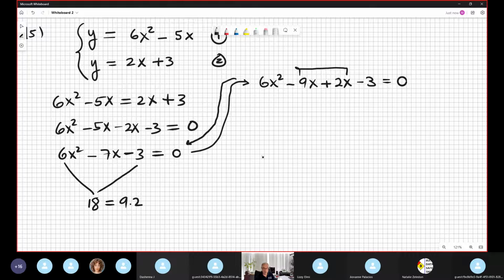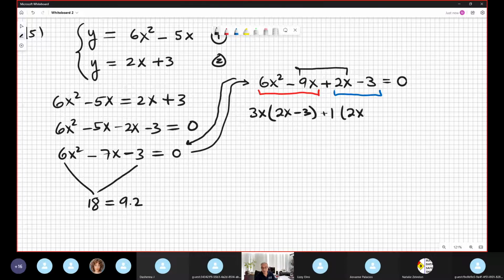But I don't want to do this. I want factorization by grouping. For example, this couple and this couple. The greatest common factor in the red couple is 3x, like this. Now we have 2x minus 3. And the greatest common factor in the second couple, the blue couple, is nothing, and nothing is 1.